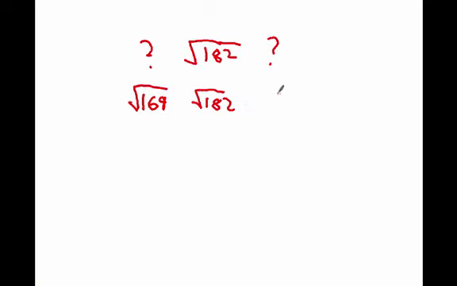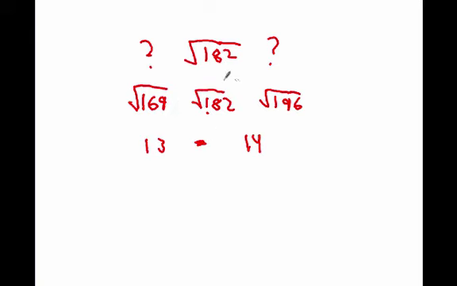And the next perfect square that is bigger than 182 is 196. So if I take the square roots of these two numbers, the square root of 169 is 13. The square root of 196 is 14. So my answer is that the square root of 182 is somewhere in the middle here between 13 and 14.